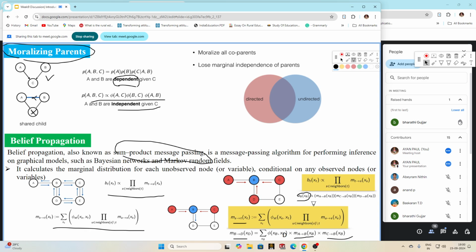So here we will write the message from A to B xb, then C to B xb, then D to B xb. This is the equation for belief propagation.